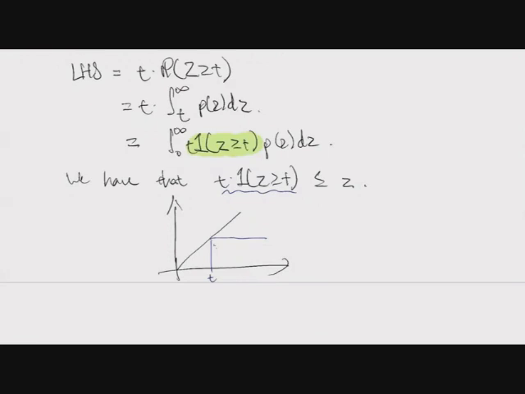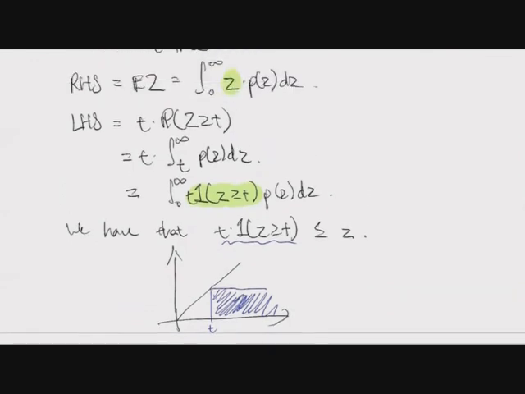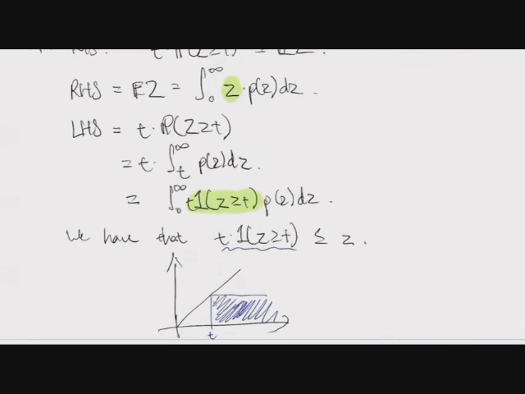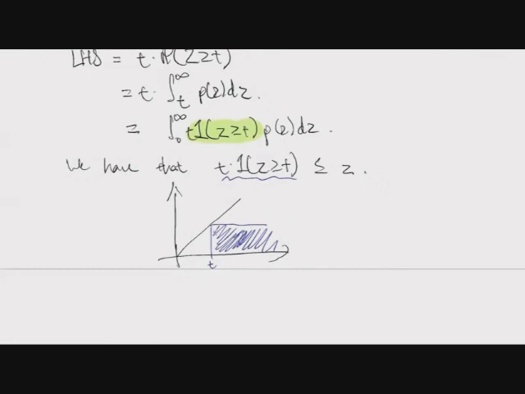And so this is always going to hold. The left-hand side is going to be this area, weighted by the density p(z), and the right-hand side is going to be the area under the 45-degree line. This means that the right-hand side is always going to be bigger than or equal to the left-hand side. So that's Markov's inequality.